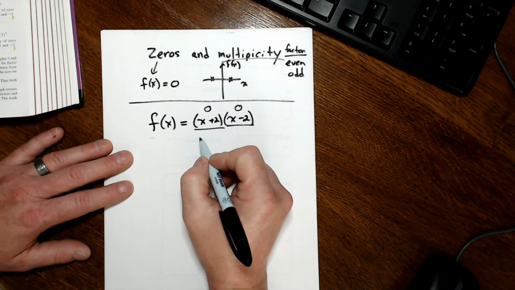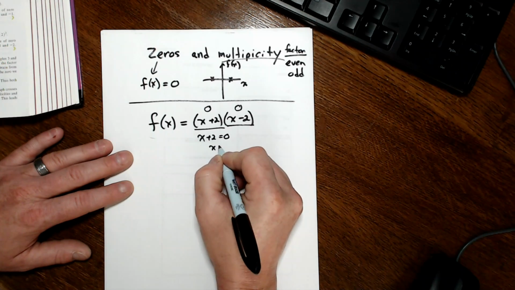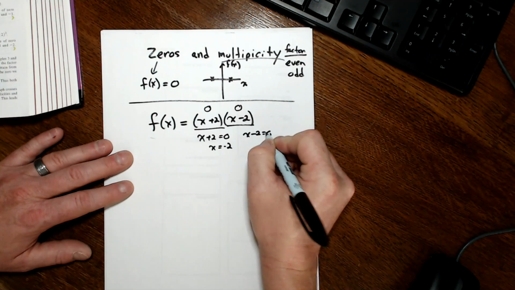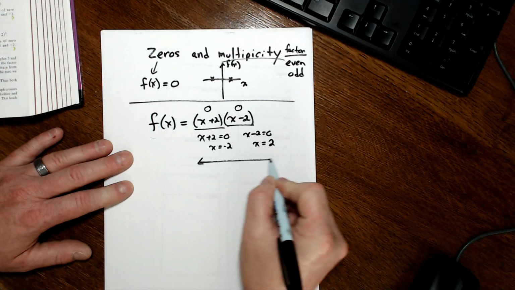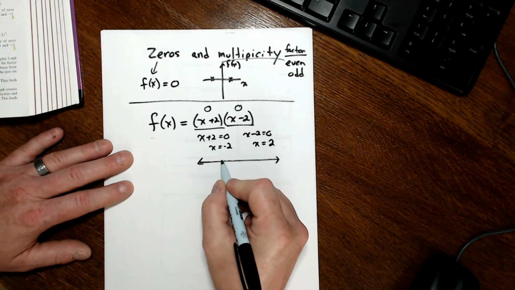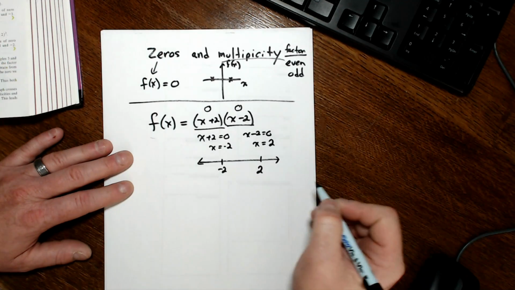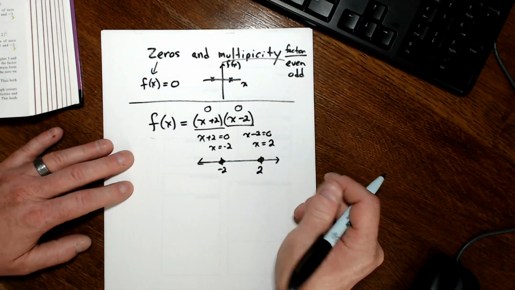And you can find those answers by setting up little mini equations to solve. So I know that on my polynomial function, I will have a 0 at minus 2, and I will have a 0 at plus 2. And that is useful in helping me to graph my polynomial.